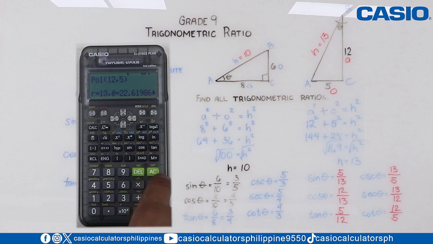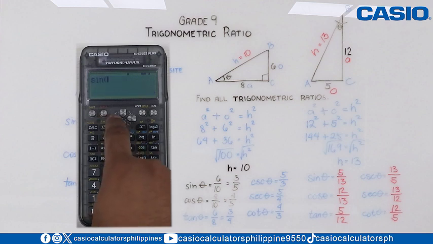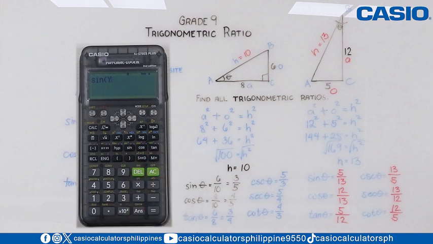Okay, so press AC and use our trigonometric ratio and the variable y to get our sine theta, that is 5 over 13, reciprocal, which is cosecant, which is 13 over 5, cosine y again.